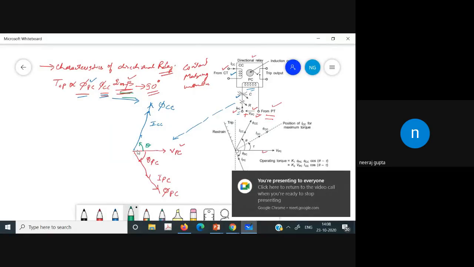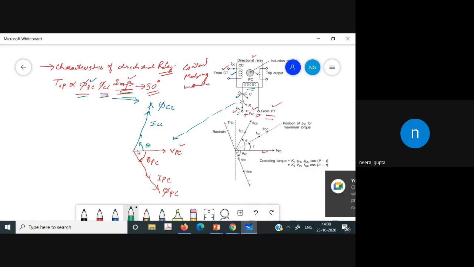Now, for the production of the maximum torque, this phi PC should be 90 degrees to phi CC. Now, let us take one more angle of 90 degrees for the maximum torque. If ICC is instead here, then we will have the phi CC here.